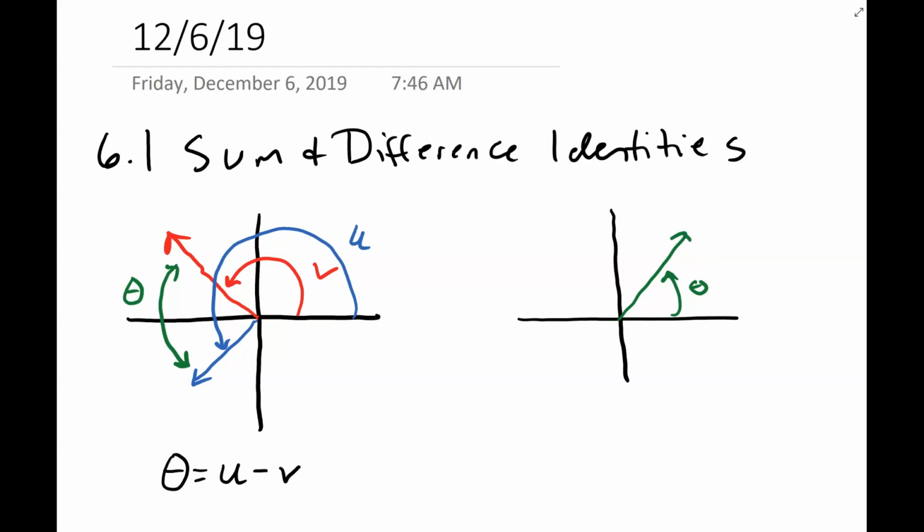Okay, so what I'm going to do now is define some points on these angles. So if I pick the point here on angle V as the point that intersects angle V on the unit circle, if that's a unit circle point, what would the x and y coordinate of this point B be?